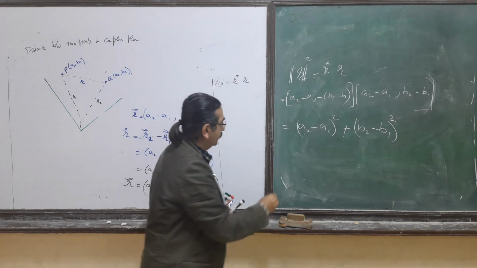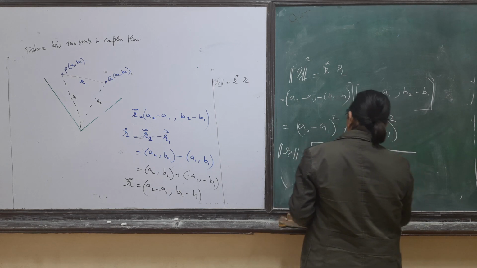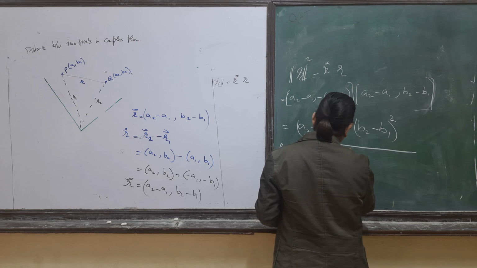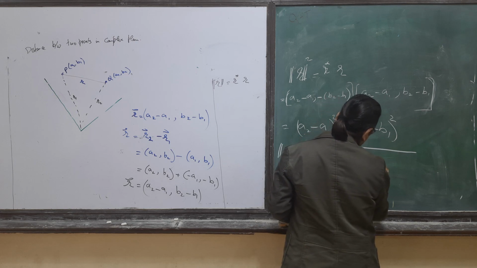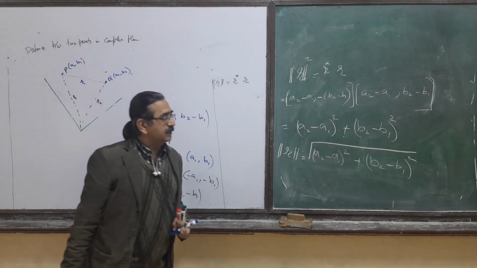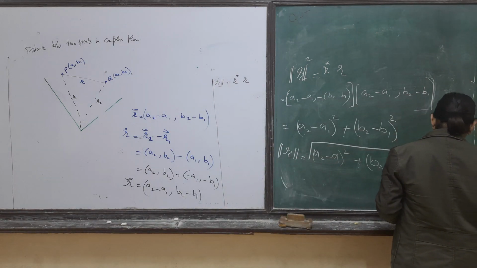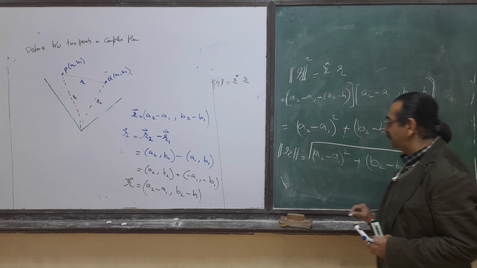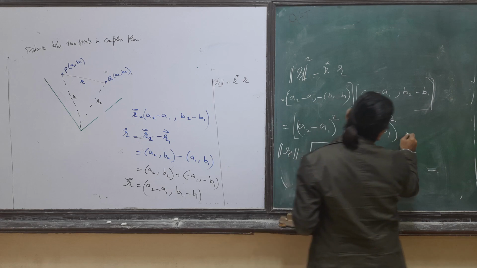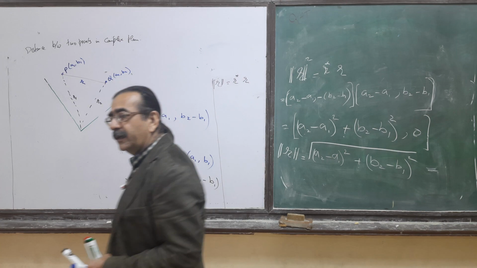If we take the square root, this will be the length, the real part, because the imaginary part will be 0, as we have already explained.